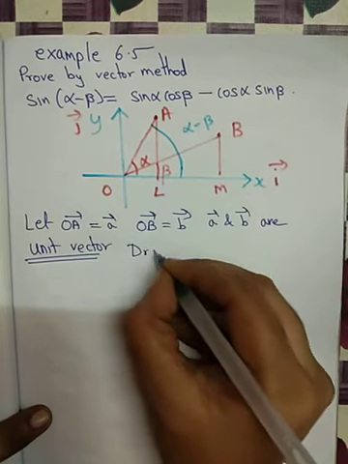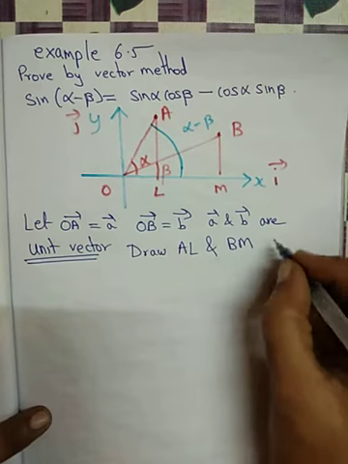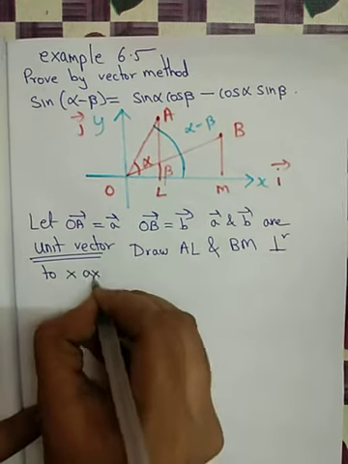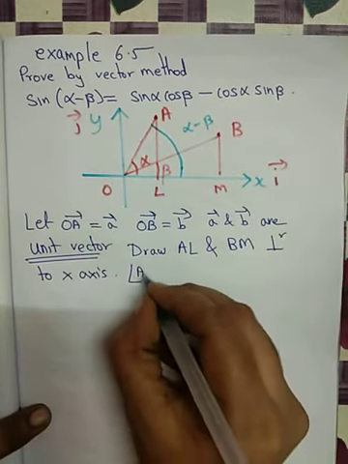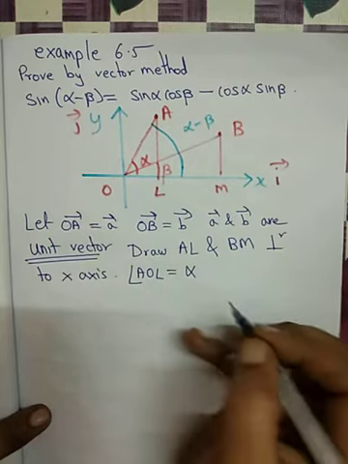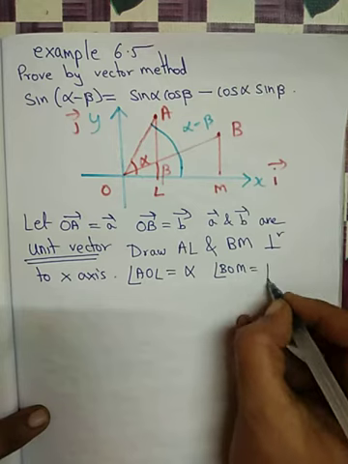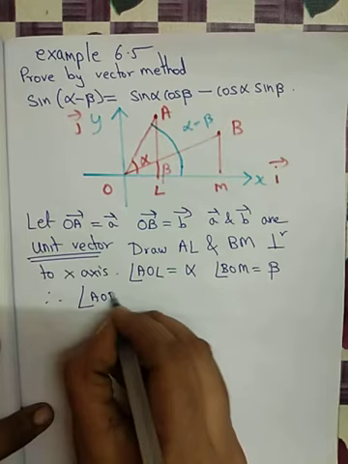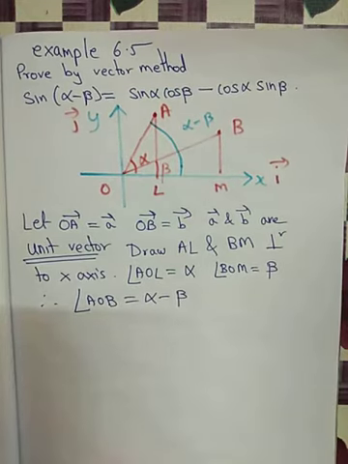Draw AL and BM perpendicular to x-axis. Next, angle AOL is equal to alpha, angle BOM is equal to beta. Therefore, angle AOB is equal to alpha minus beta. Now with this we have to start writing.